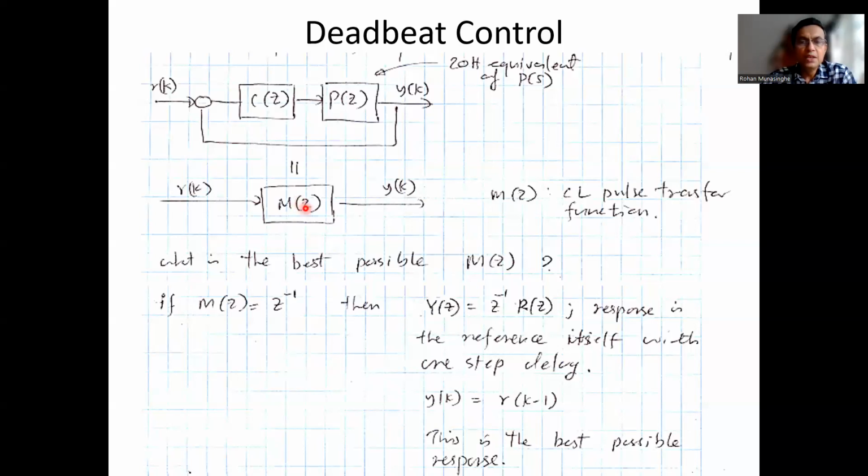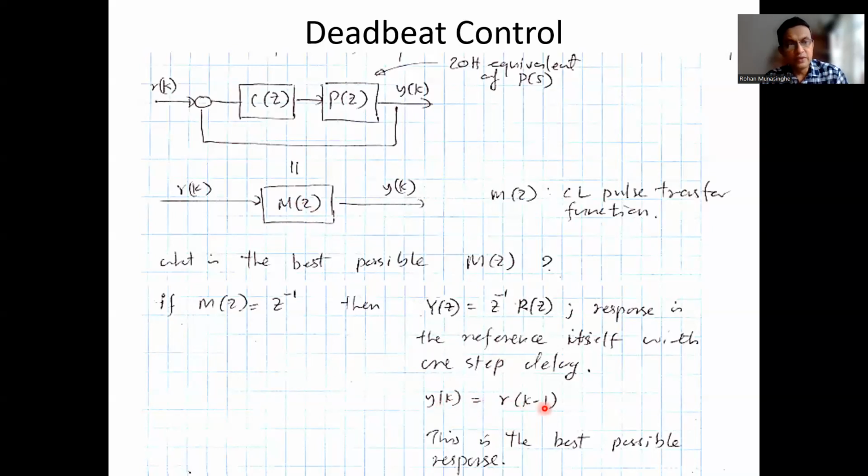Okay. So assuming that, we can write this equation: the output Y(z) is equal to z to the minus 1 times R(z), in the z world. If I write the same thing in time domain, yk is equal to rk minus 1.